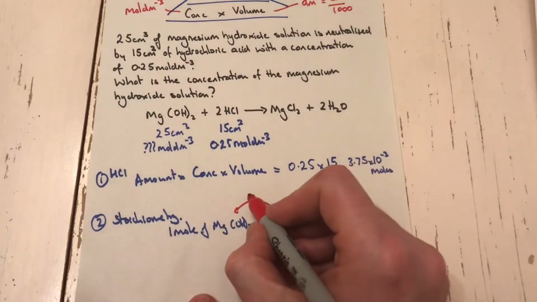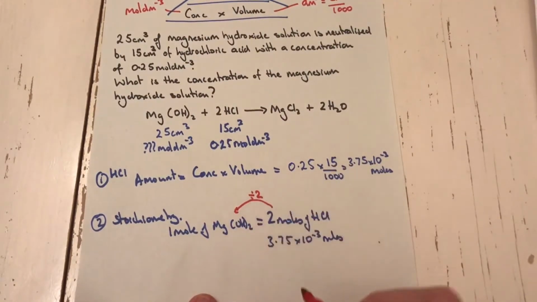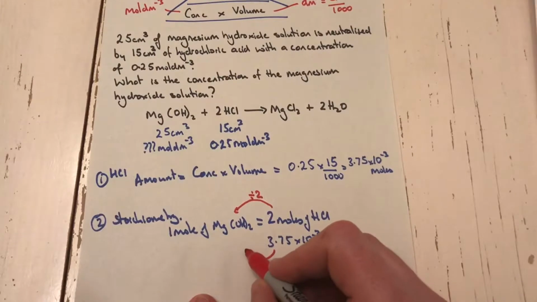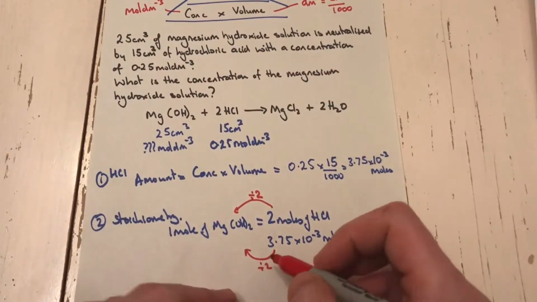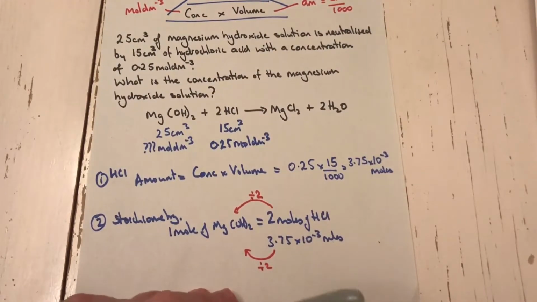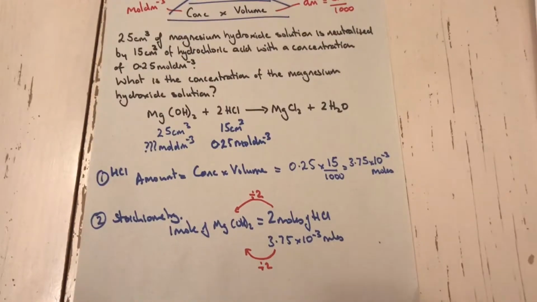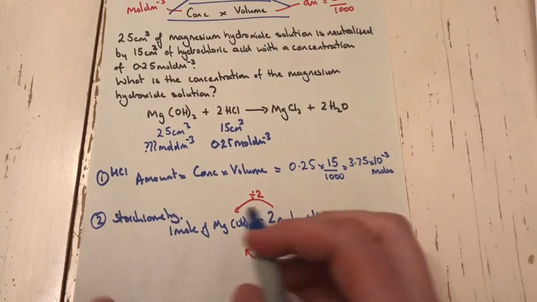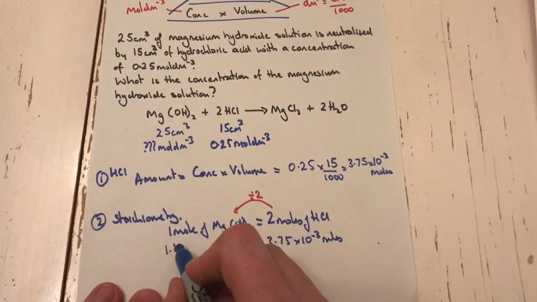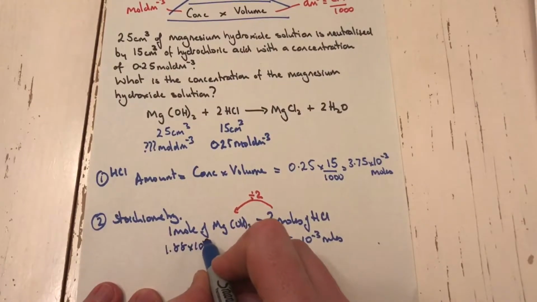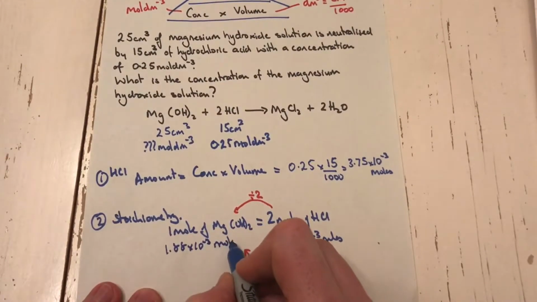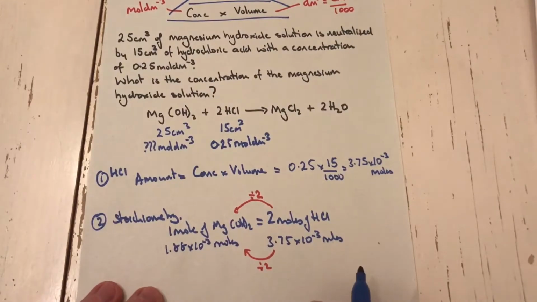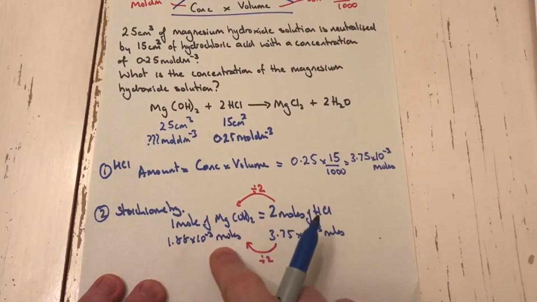That means I am dividing by 2, so I've got to do the same with this to get the ratio correct. When I divide that by 2, I'm going to get an answer of 1.88 times 10 to the minus 3 moles.